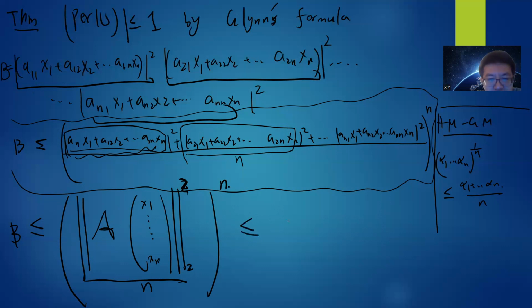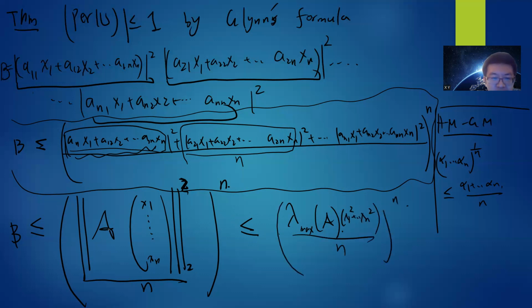So it's bounded by the maximum eigenvalue of A, times the maximum eigenvalue of A, and times the norm of the vector, so x1 squared up to xn squared, divided by n.